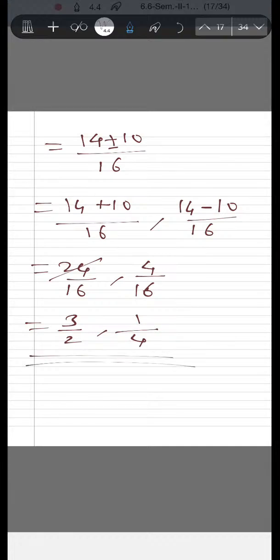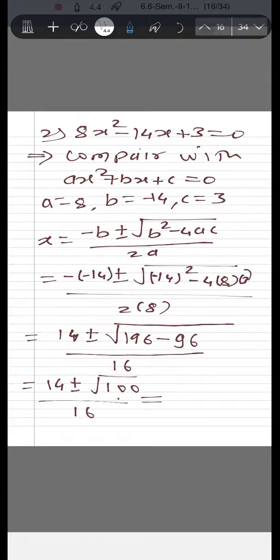And here you can see the quadratic equation has roots 3 by 2 and 1 by 4, both are real and unequal. Okay, why? Because the value of the discriminant is greater than 0. Here we have already seen that the value is positive, that's why. Okay, so this is how you can analyze the quadratic equation there. That's it.